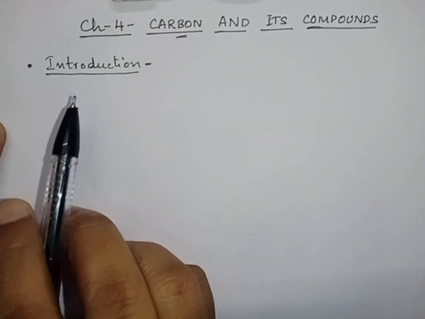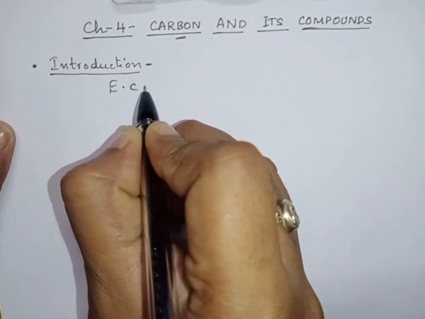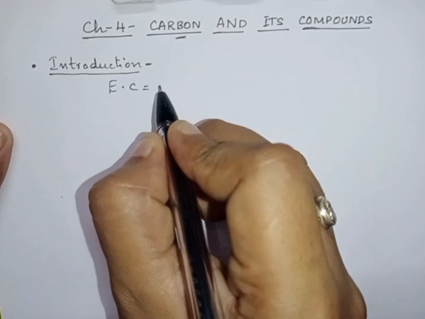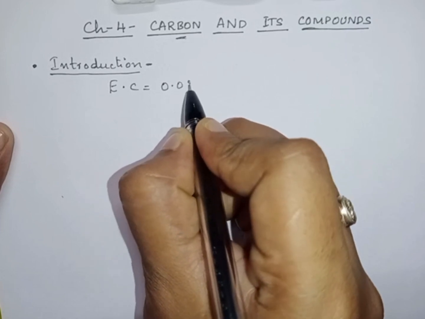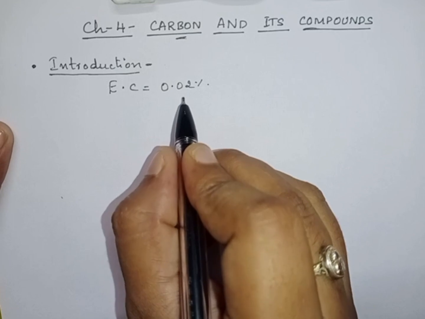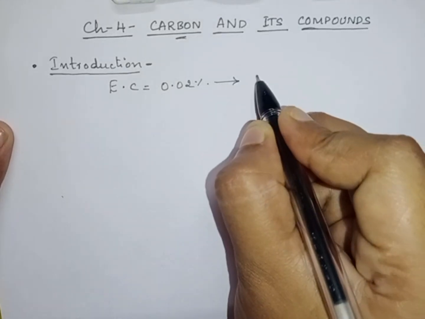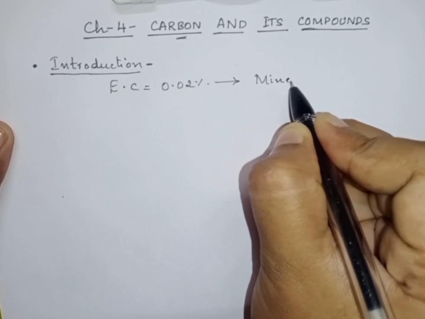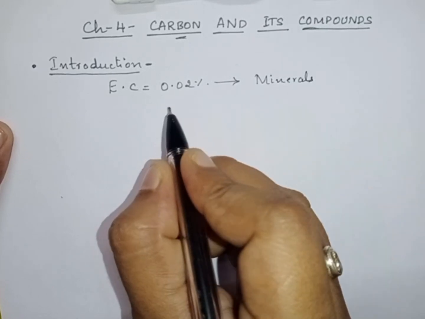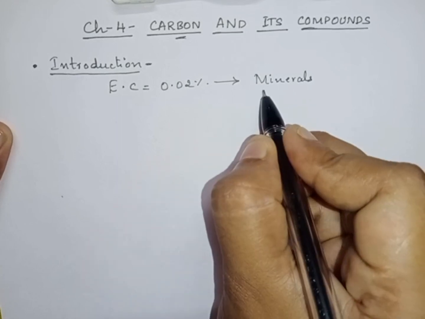So, coming to the introduction, in the earth crust, carbon is present only 0.02%. Next, this is present in the form of minerals. Whatever 0.02% carbon is there, it is present in the form of minerals.